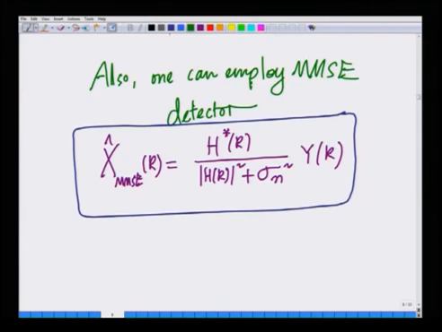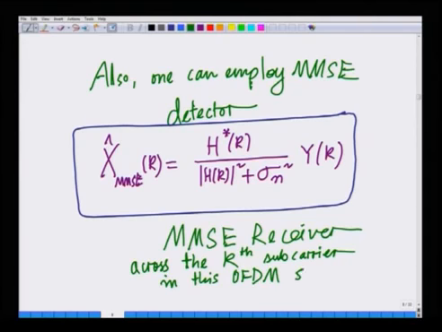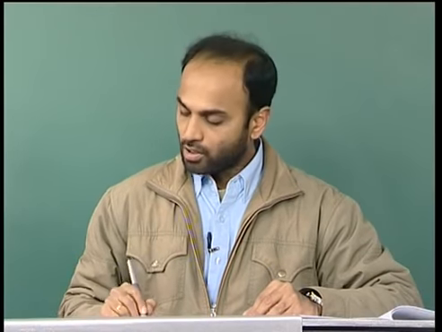This is the MMSE receiver across the kth subcarrier in this OFDM system. Right, so that is what we are saying.